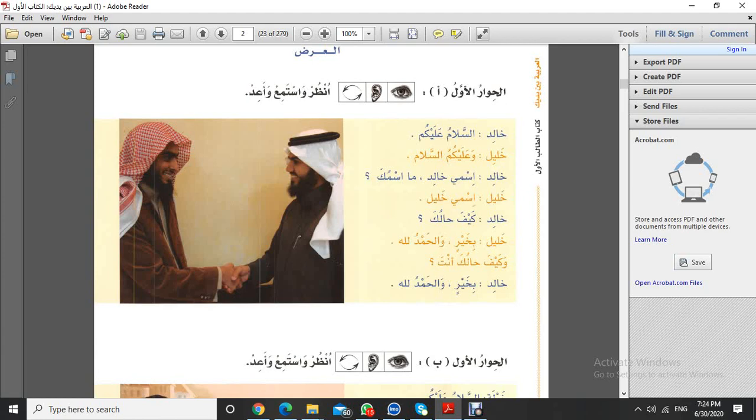Here, the rule about Assalamu Alaikum. Now, can you see there is a lam here? Yes, it's al-salam. But why don't we pronounce this lam? Okay, now I'll tell you. Because there are some sun letters and moon letters in Arabic.